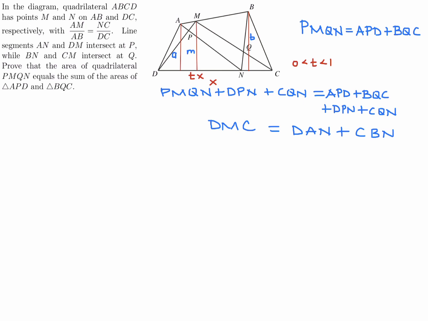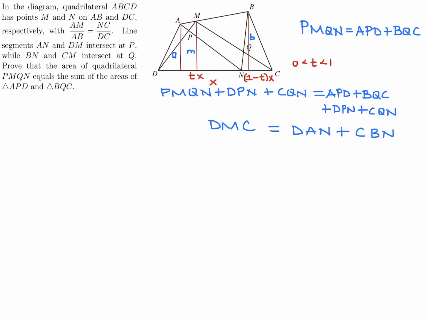So it's like 0.7. So that'd be 0.7x. And therefore, N to C would be 1 minus T times X. Okay? So this is just some basic labeling. And then I use those labels to now proceed with this equation.